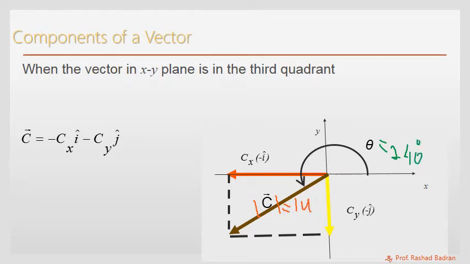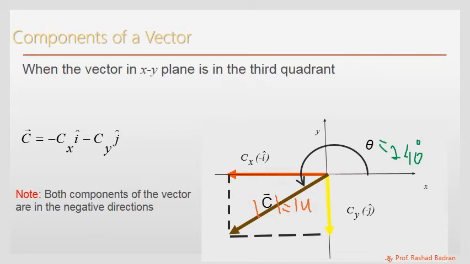Well, there is an easy way of doing this. As we mentioned before, we have to choose a right angle triangle where the hypotenuse is going to be the magnitude of the vector C, while its other two sides are the x and y components of the vector.